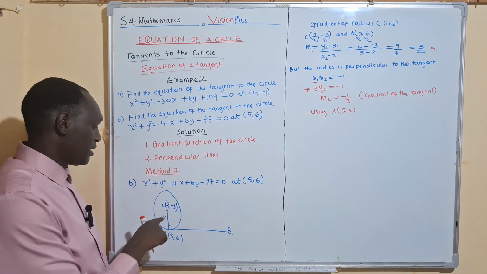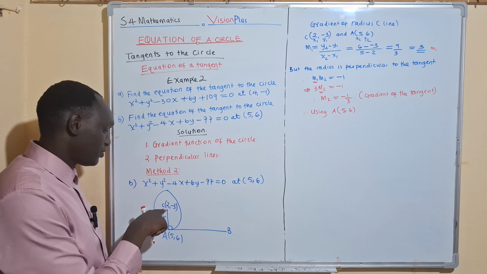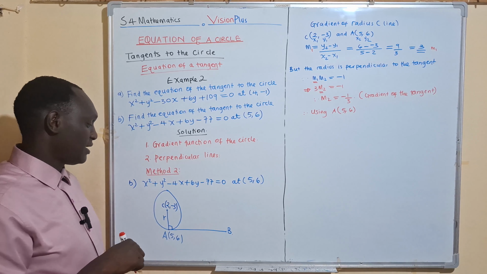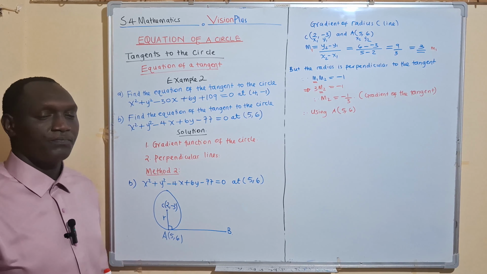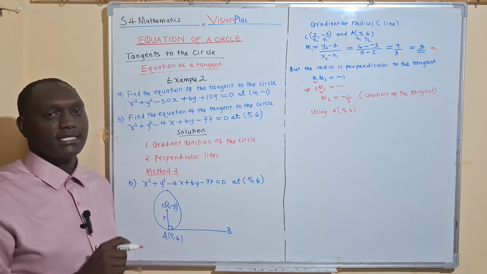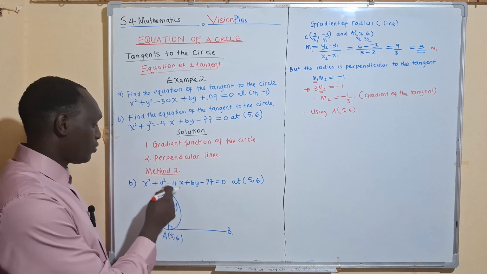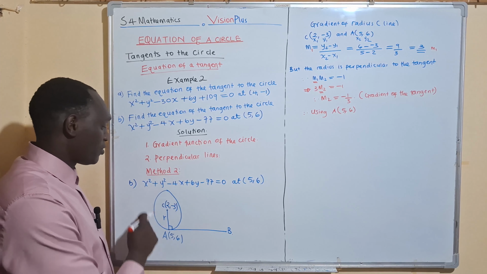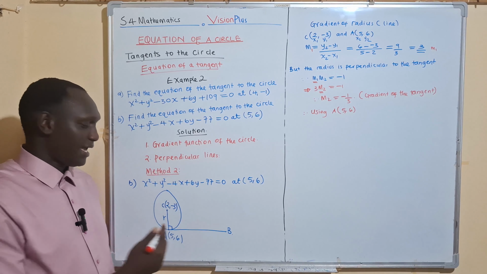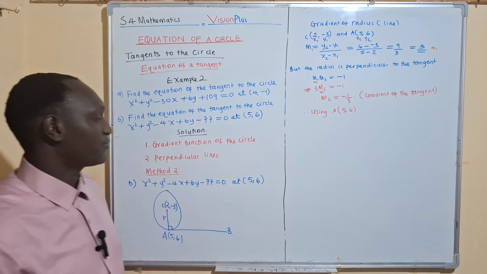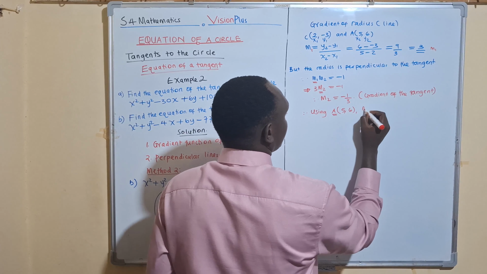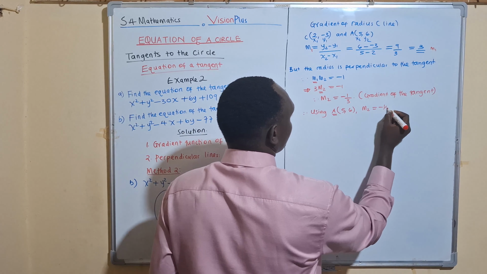Why? Because the tangent is not passing through point C, the center of the circle, and a tangent will never pass through the center of the circle. It will always touch the circle at one point, but will never enter the circle and pass through the center. So we are going to use this given point and then the gradient m2 to find the equation.